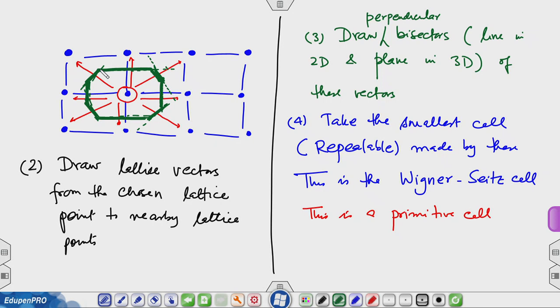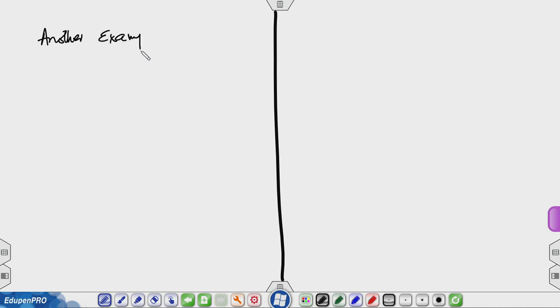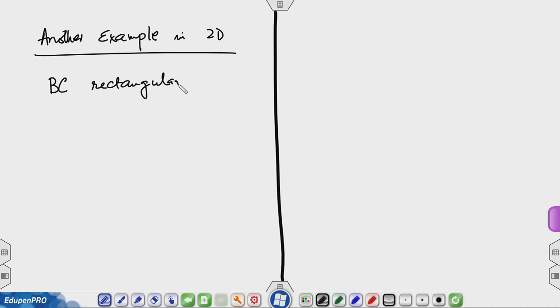Let us take one more example in 2D itself. Another example in 2D. The other lattice that I have is body centered rectangular lattice.